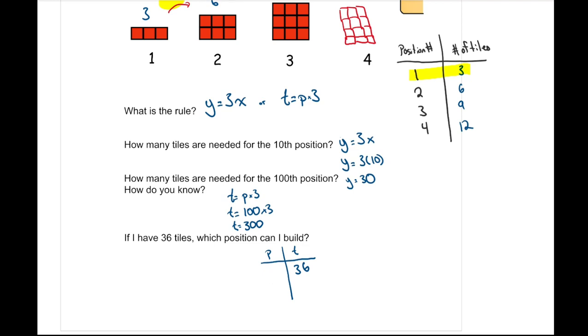And if we think back to our input-output tables or our robots, if we're going backwards, we would want to do the opposite of our rule, which in this case would be divide by 3. So 36 divided by 3 is 12. So that means our position number would be 12 with 36 tiles.